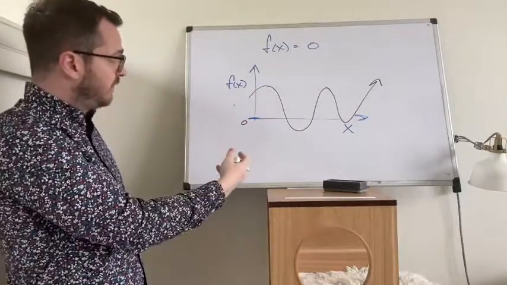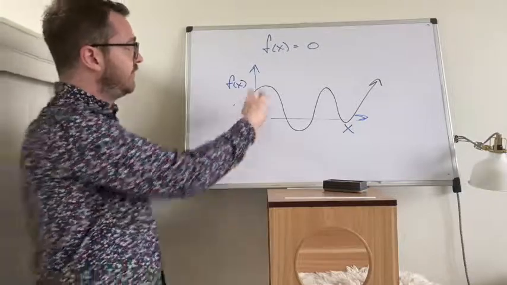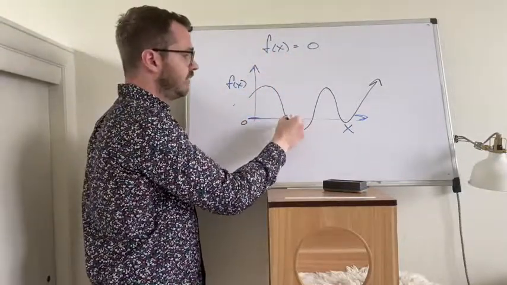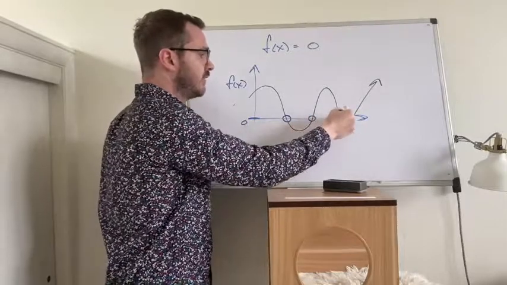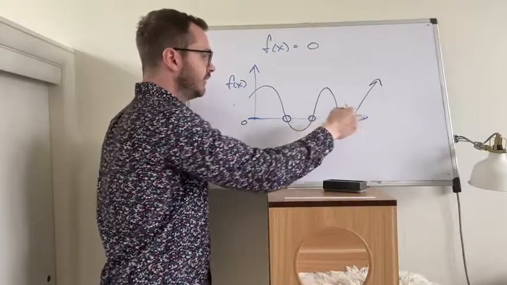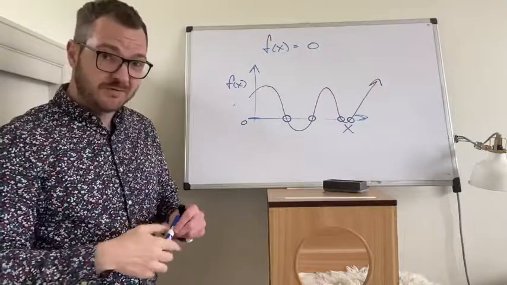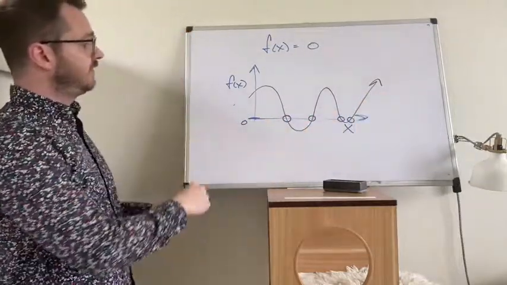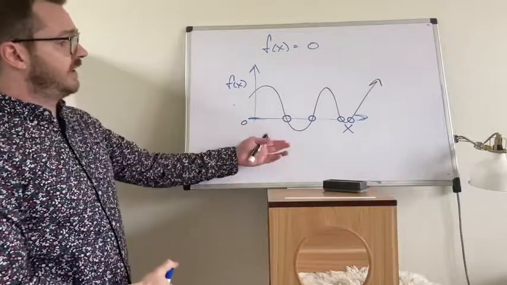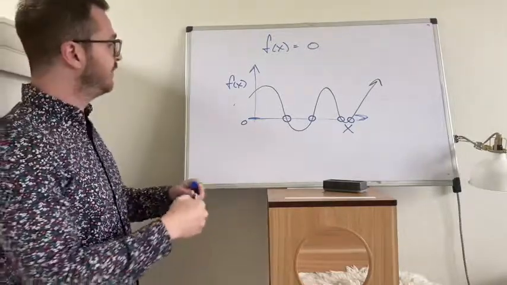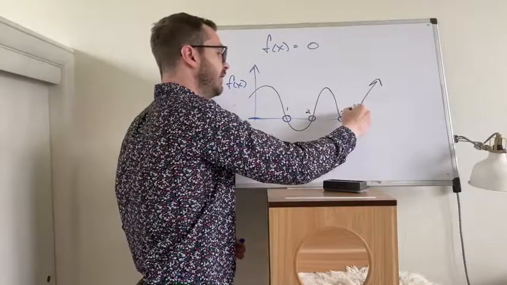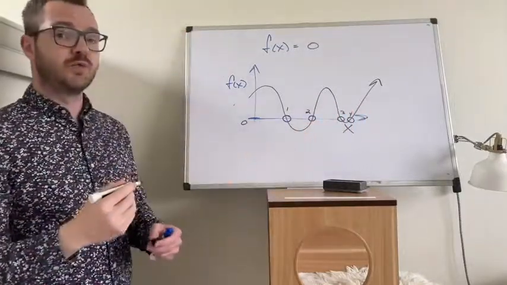So here on the chart, where is f of x equal to 0? Well, it's equal to 0 right here, and right here, here, and here, and maybe it's equal to 0 at some other points in the future or some points in the past. We don't know, it's just that over this interval we have 1, 2, 3, 4 roots.